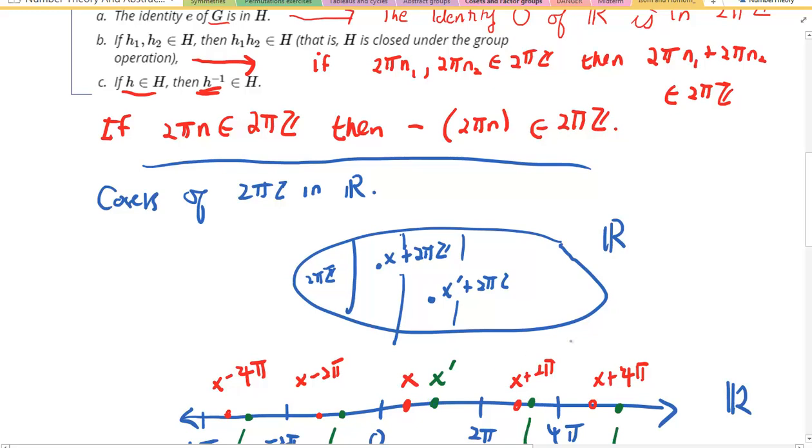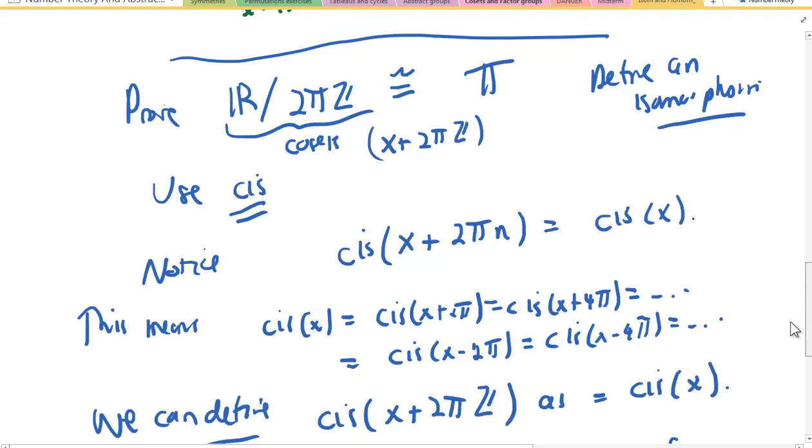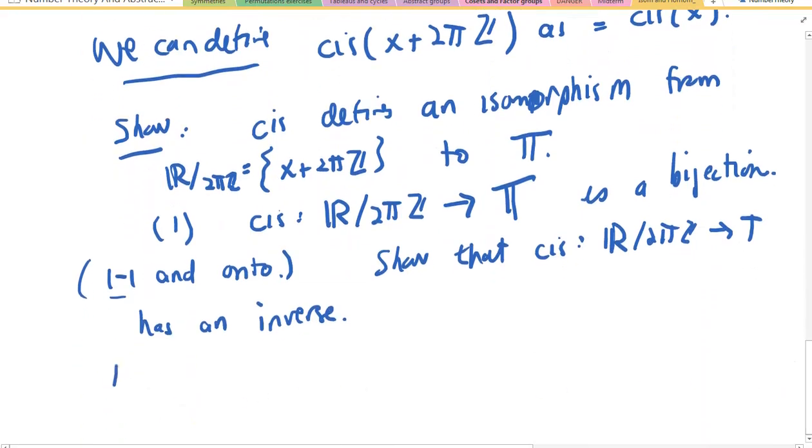Okay, so if I have to show one-to-one, let's say suppose we have x and x prime in two different cosets.